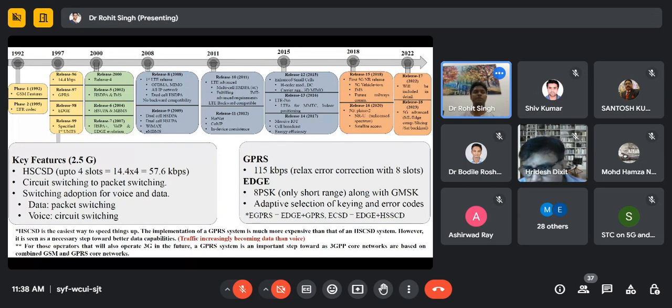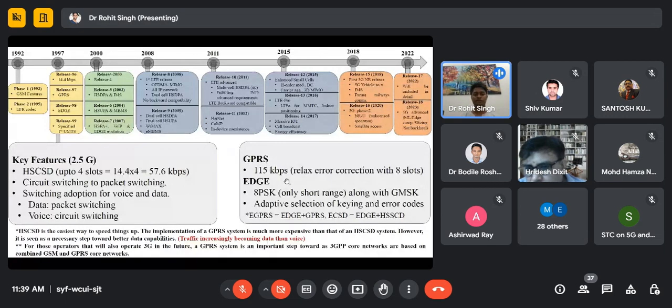Data can come after 1 second, 2 seconds. So for data transmission we use packet switching, where we want more data rate, and for voice transmission we use circuit switching, where we want a more reliable and less erroneous system.